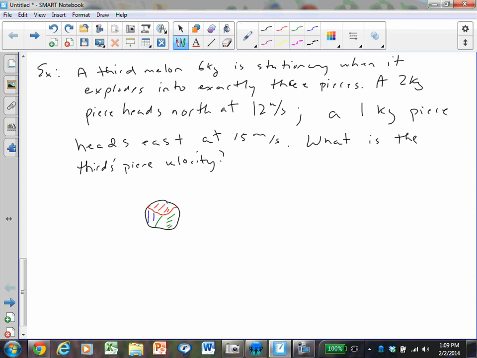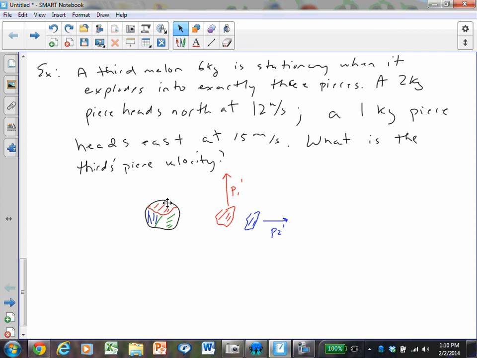And we know the red piece has a momentum we'll call P1 after that heads north. The blue piece has a momentum of P2 after, which heads east. And the green one has a momentum which is off in some direction.